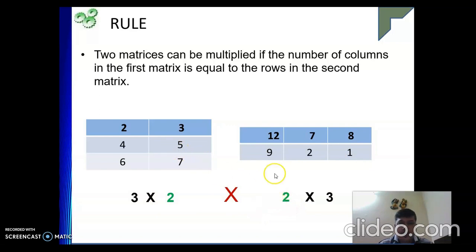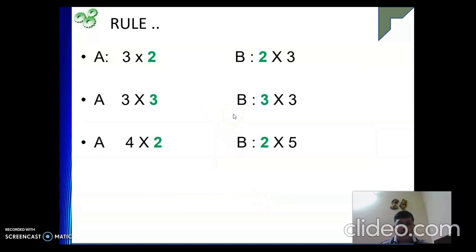Now, if this condition is satisfied, then I can easily multiply these two matrices. So remember, if the first matrix is A and the second matrix is B, then the columns of A, which is 2, must be equal to the rows of B. If this is satisfied, then we can do the matrix multiplication, right?